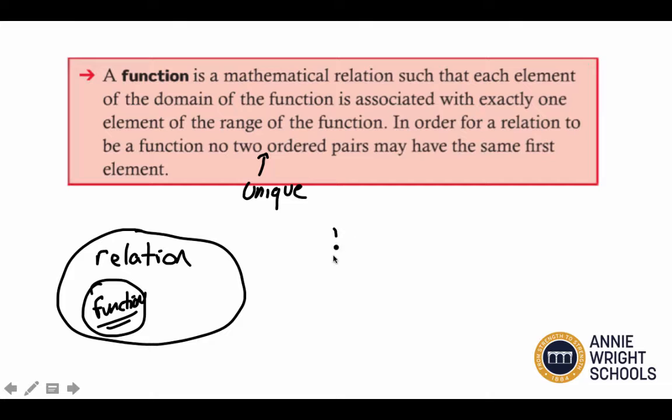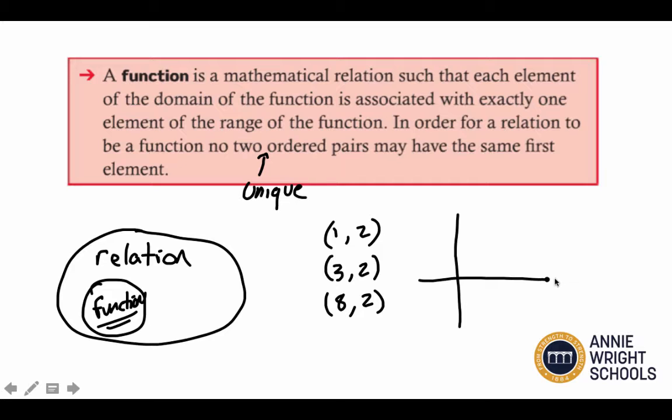So you can have different x values like 1, 2, and then 3, 2, 8, 2. That is a function. Even though all these y values are the same, it's a function because each x value goes to just one y value, 2.